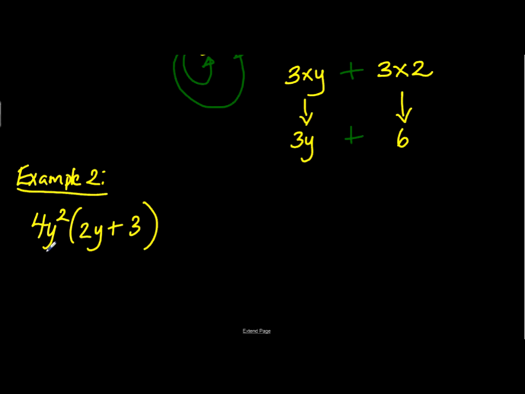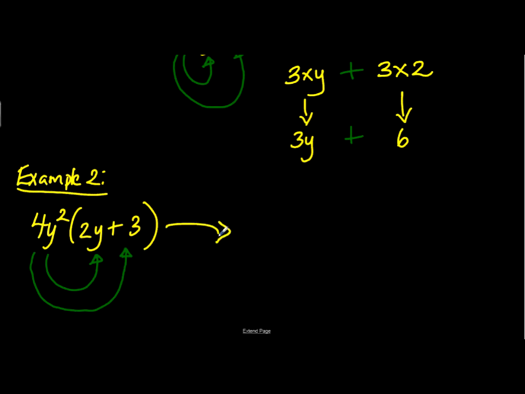So the first thing I'm going to do is multiply the 4y² by the 2y, and then the 4y² by the 3. So we have 4y² times the 2y, and then 4y² times the 3.